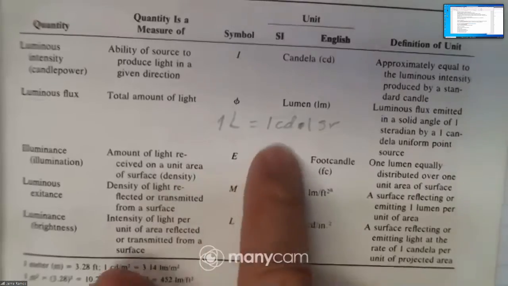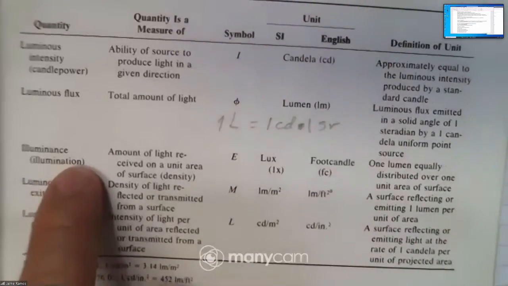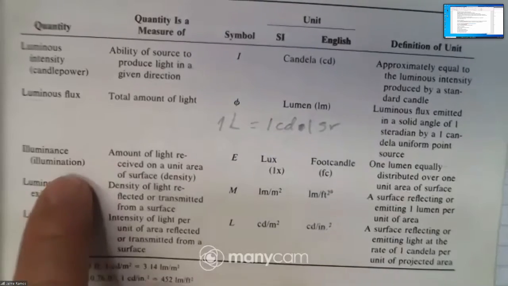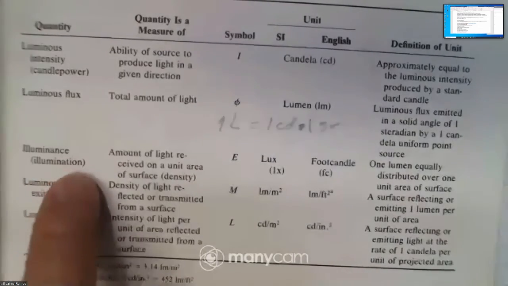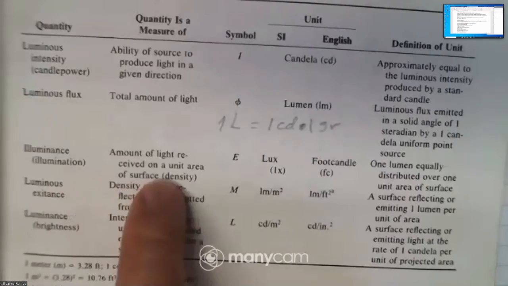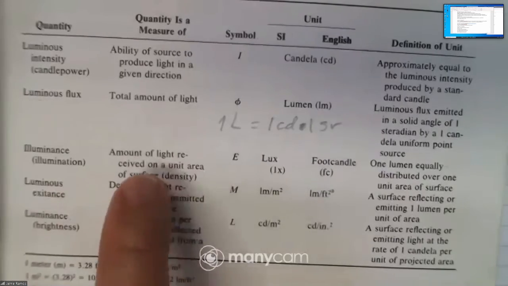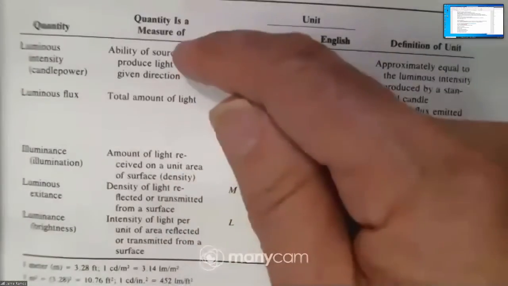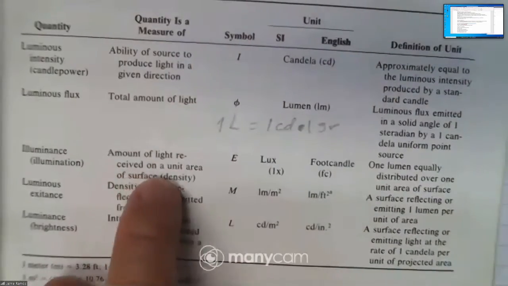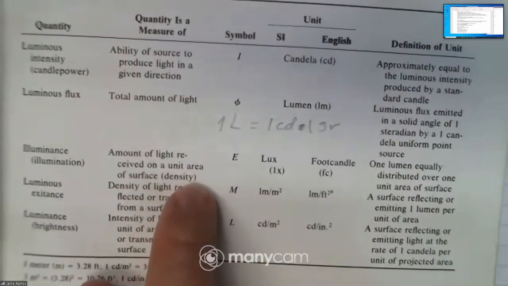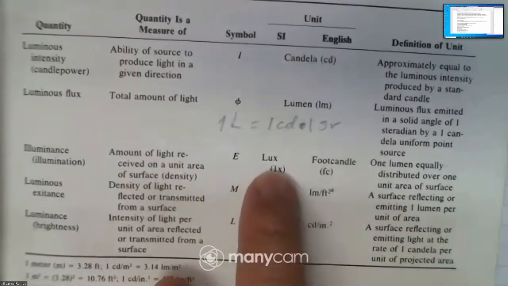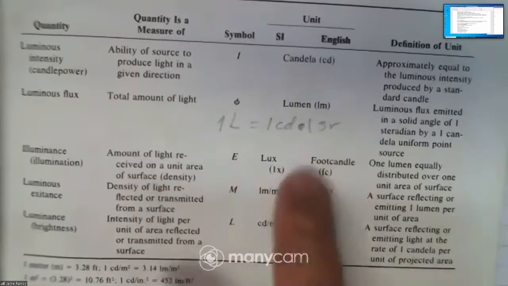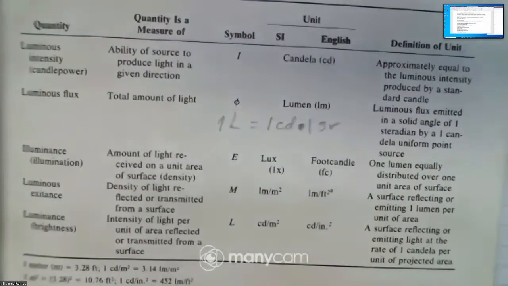Next, we go to the object where the light is being rendered, and then we call it illumination. So that's the amount of light received, okay? So above is emitted, and now is received in a unit area of surface. So we have a lux or the foot candle. They are equivalent units.